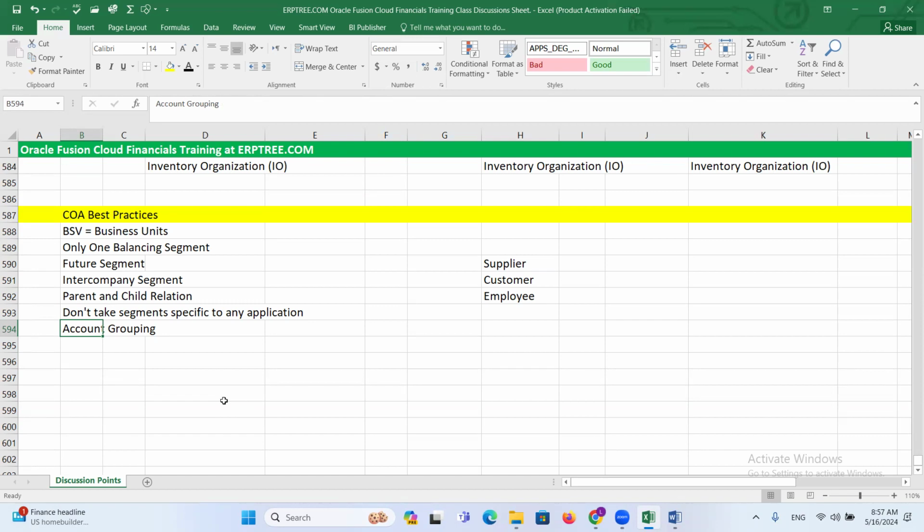That's how we allocate a separate sequence, so that it is easy for them to understand. If anything starts with 50,000, that is an expense account. Anything starting with 40,000 is a revenue account. Anything starting with 10,000 is an asset-related account. This is based on the nature. We always recommend that the client create the grouping.